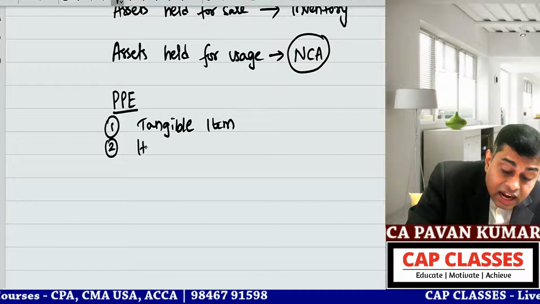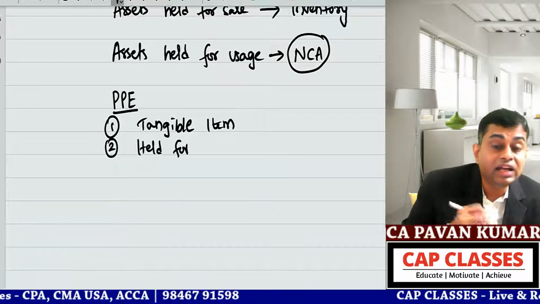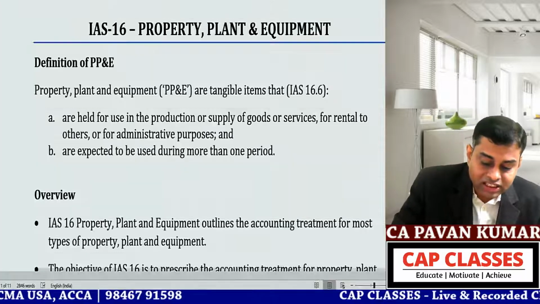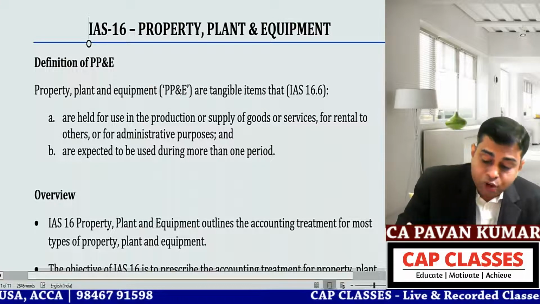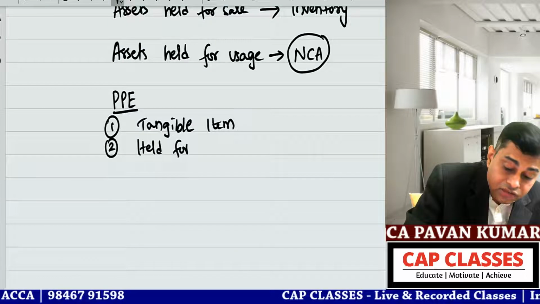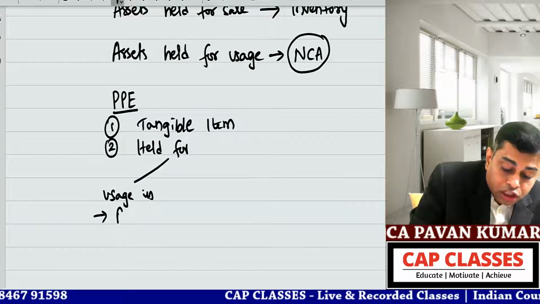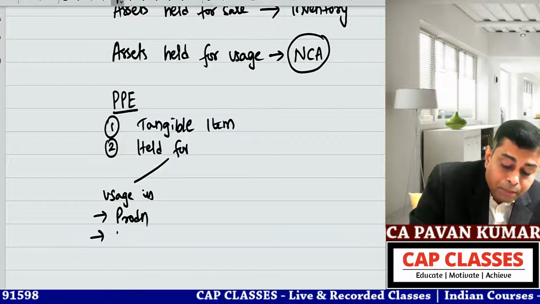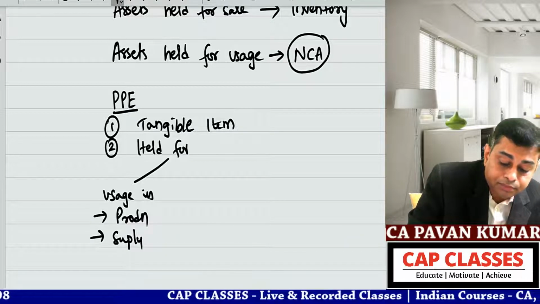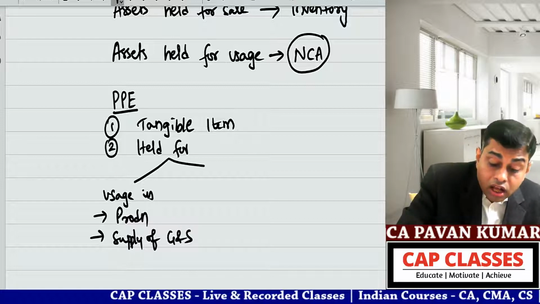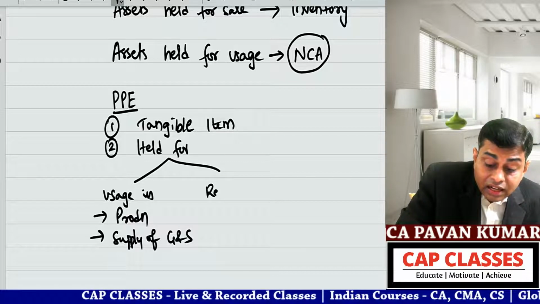Point number two. It is held for usage in production or supply of goods and services, or it is held for rental income.